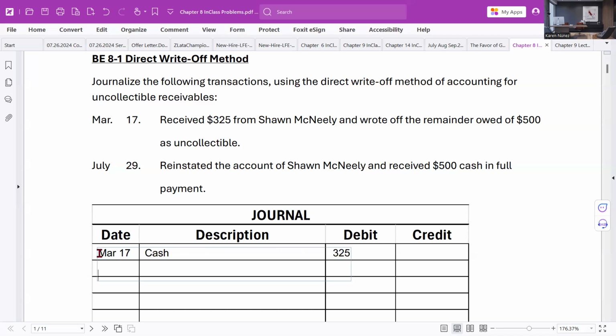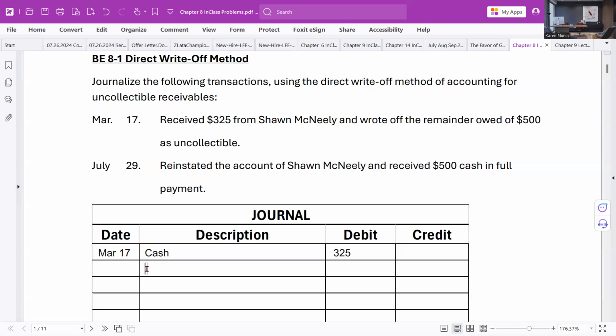And we also have to write off $500. The total amount of the receivable is $825, but they're only getting $325, so they have to write off the 500.